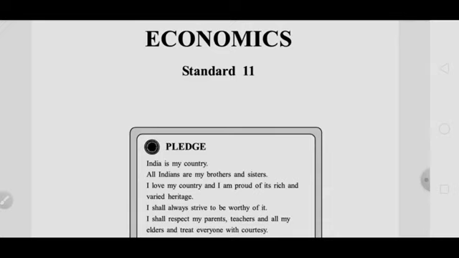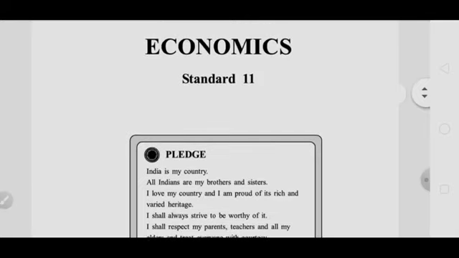Basically, the subject economics is similar to the subject of social studies. In social studies, we discuss the problems related to society and social issues, while here we are going to discuss the issues of the subject matter economics.